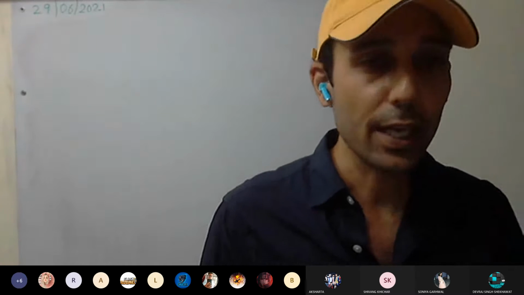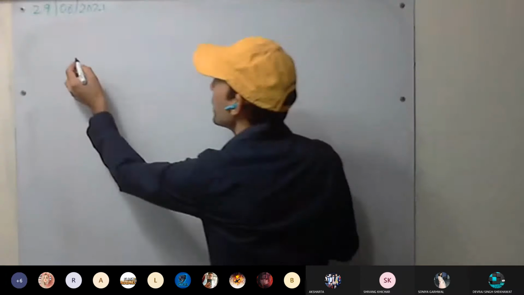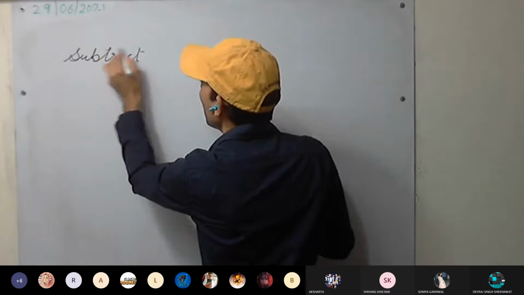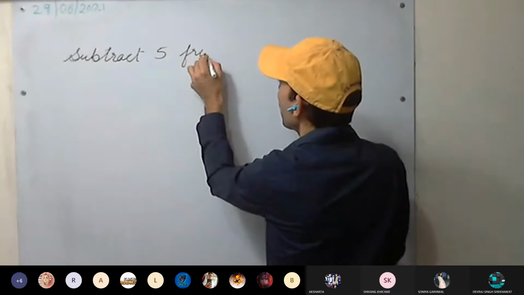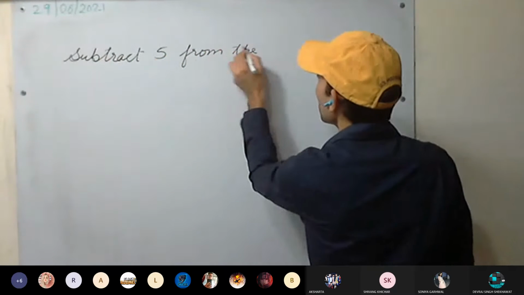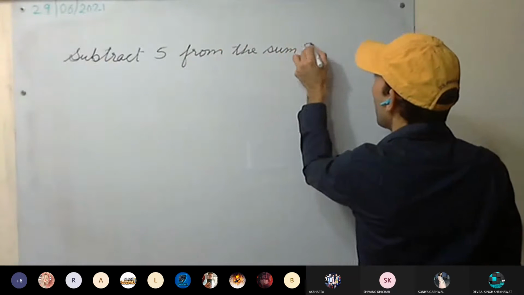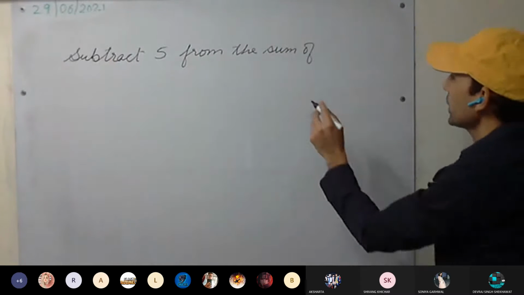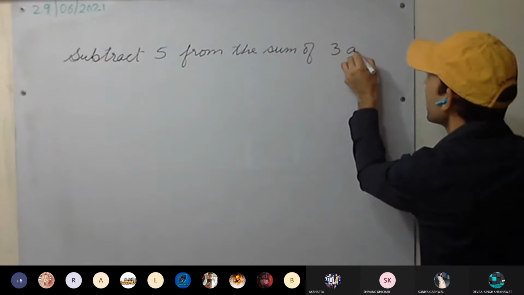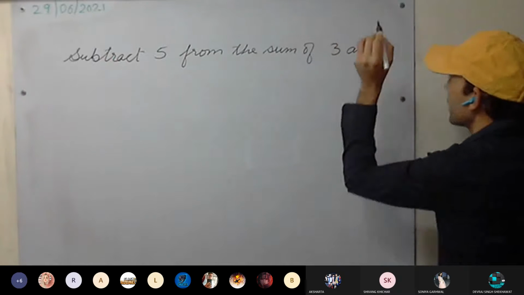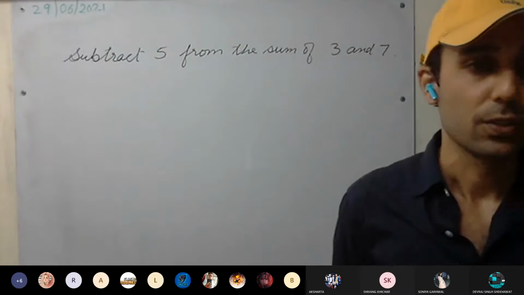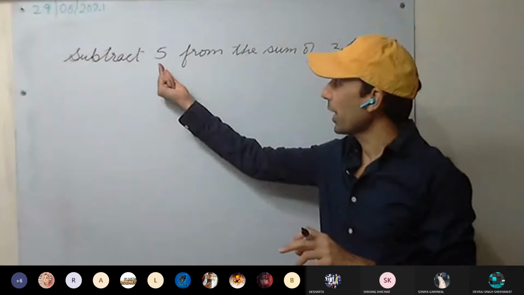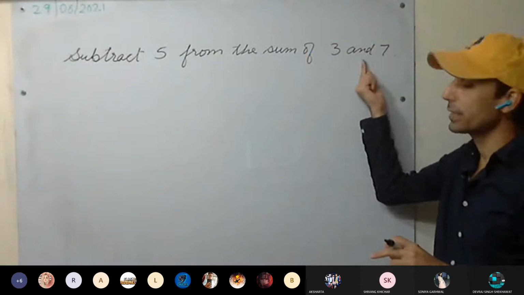Before that, I ask you one question. Subtract 5 from the sum of 3 and 7.